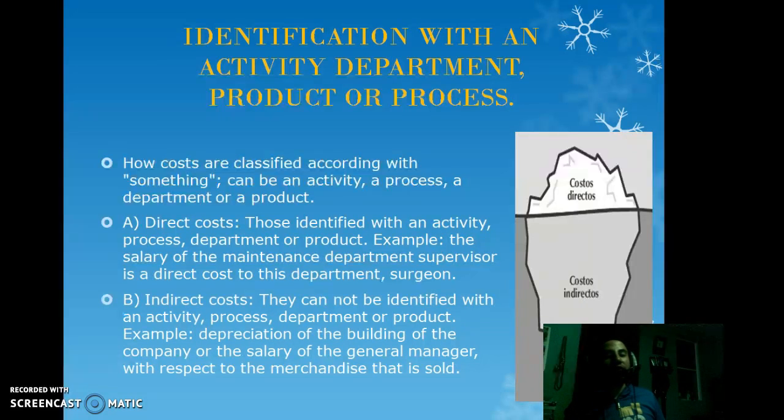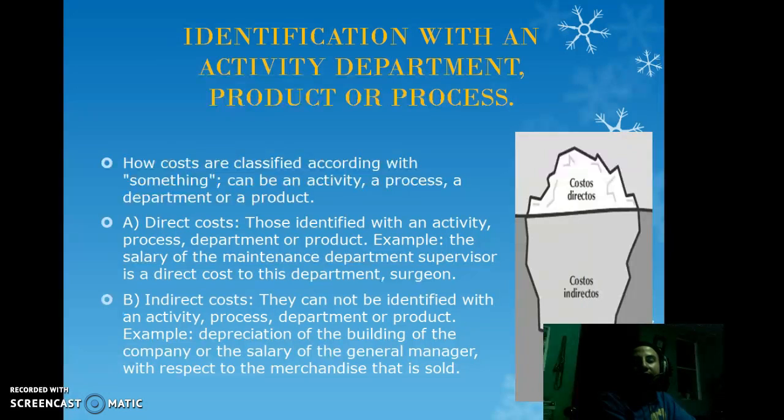Example, the salary of the maintenance department supervisors is a direct cost to this department, because the maintenance is necessary for machinery, and those machines are needed to make some products.